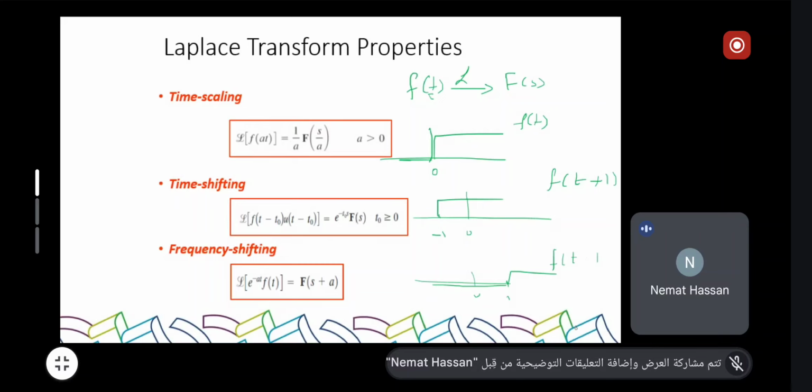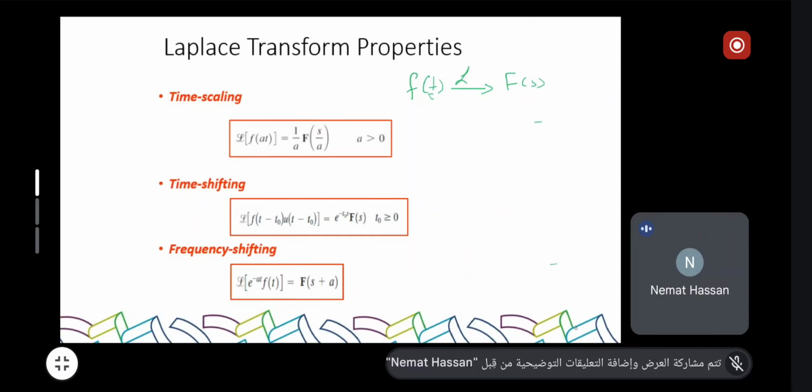Now, the Laplace transform of a shifted version of the original function is equal to the Laplace transform of the original function F of s multiplied by an exponential, which is what we have over here.